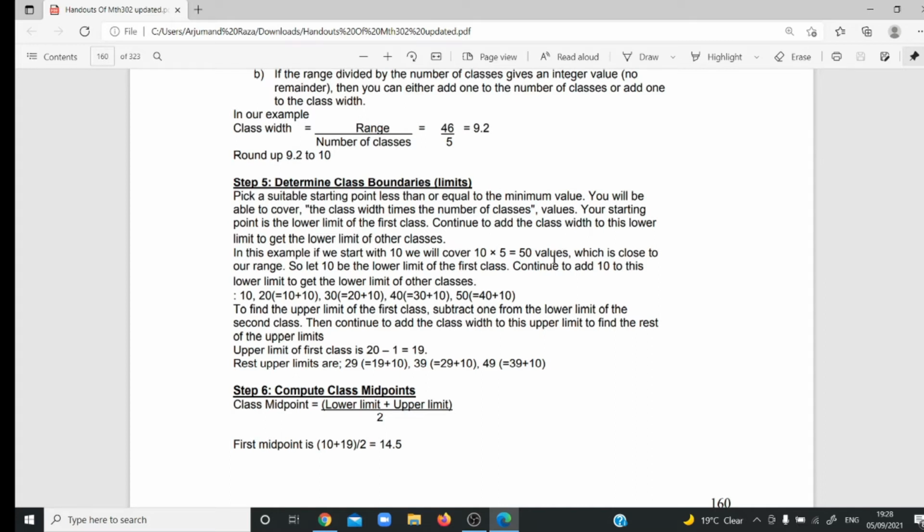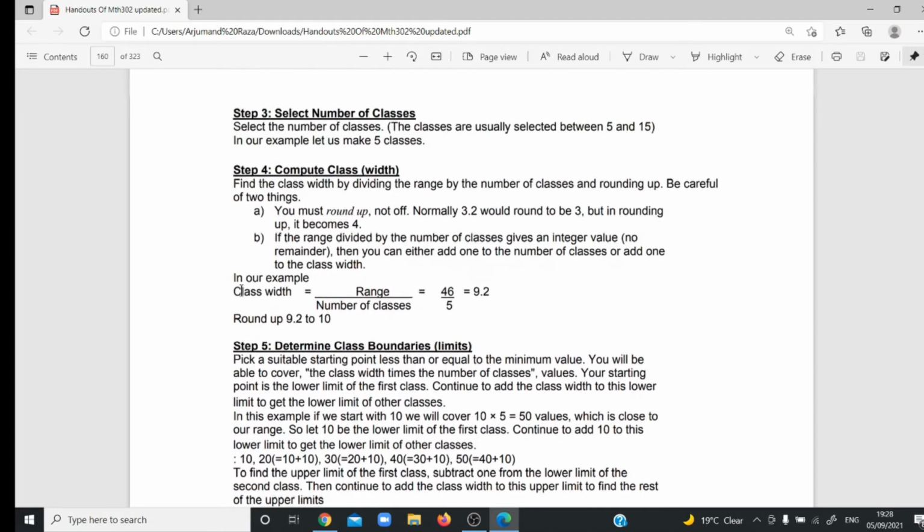Okay. So they have given you one example also. So 10 plus 10, 20. What is 20? 20 is equal to 10 plus 10. And what is 30? 30 is equal to 20 plus 10. So we'll always add 10, because the class width was 10.